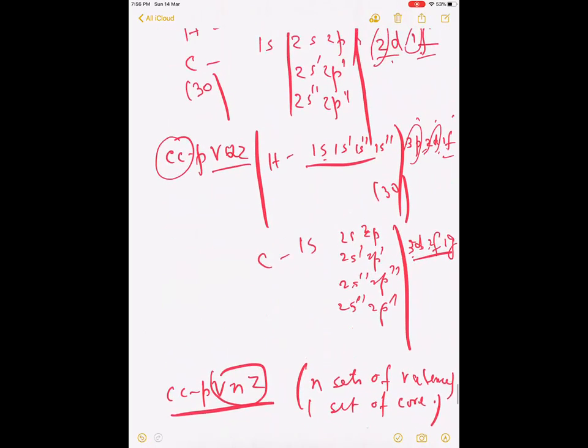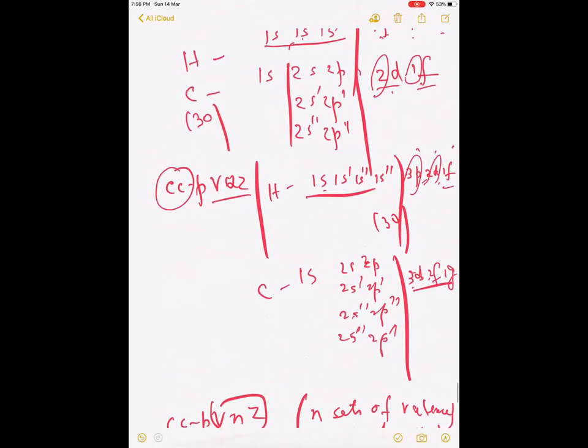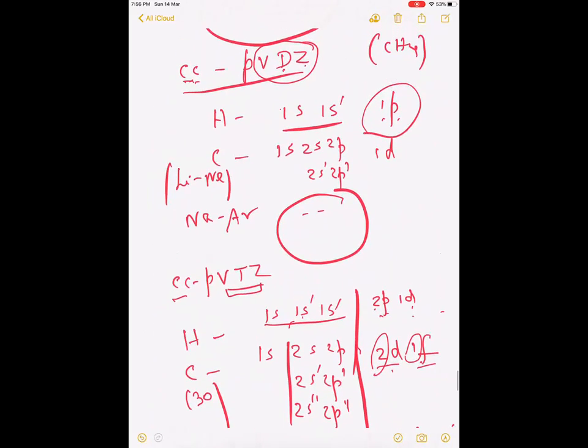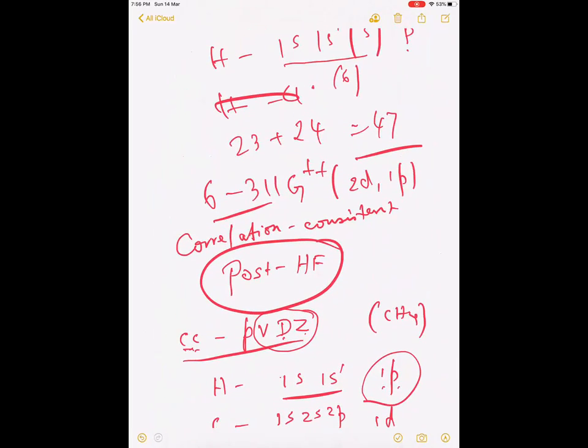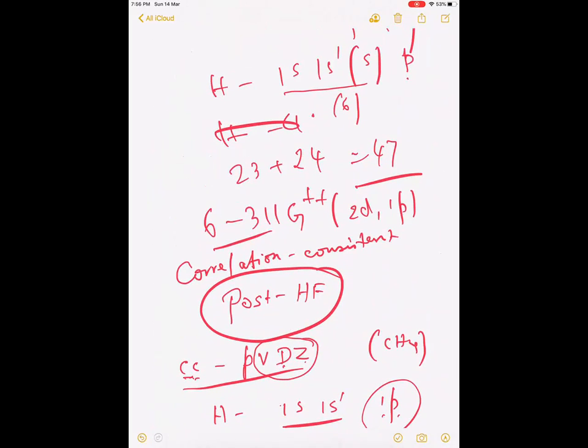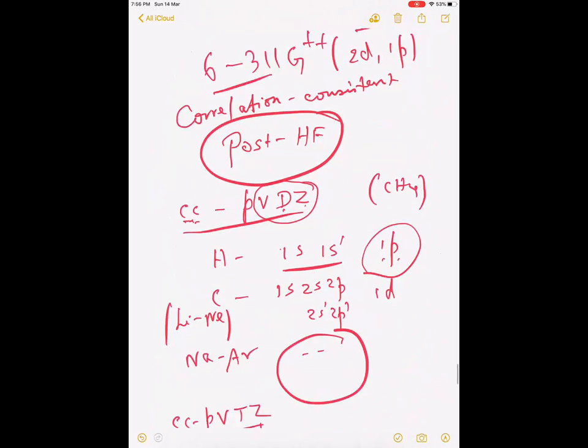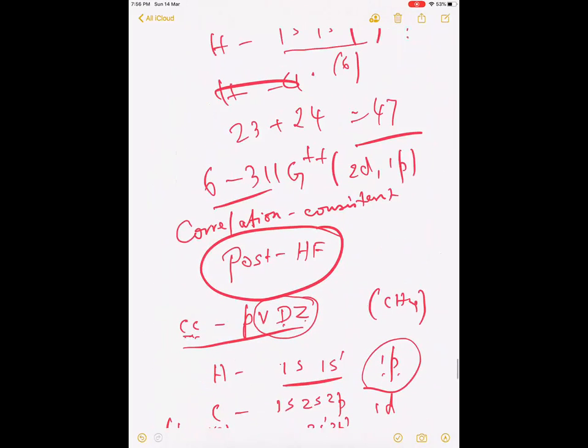Okay, so basically in the correlation consistent, many of you are using CCPVQZ, CCPVDZ, they're all there. Please understand they're different from DZVP in the sense that in DZVP, triple zeta valence polarization, the number of polarization functions is always 1. Of course in Pople's basis like this, I can use different numbers.